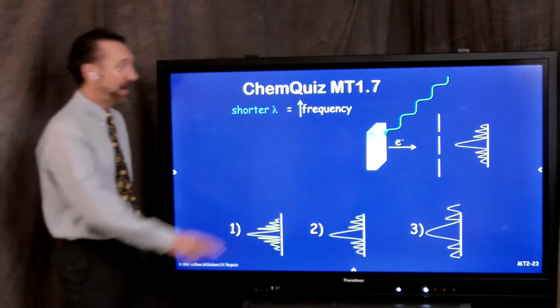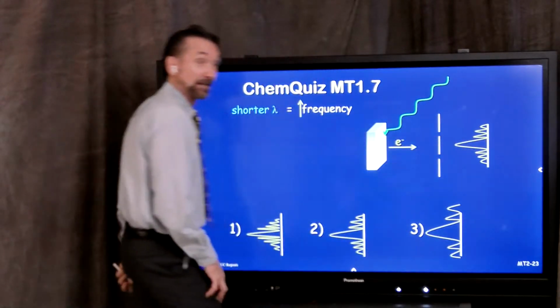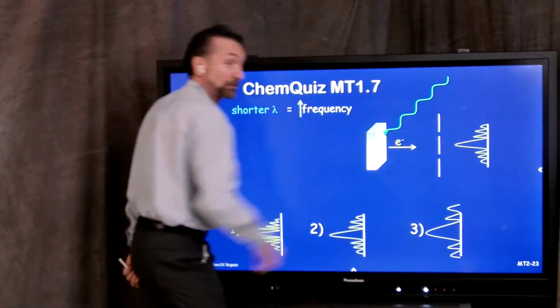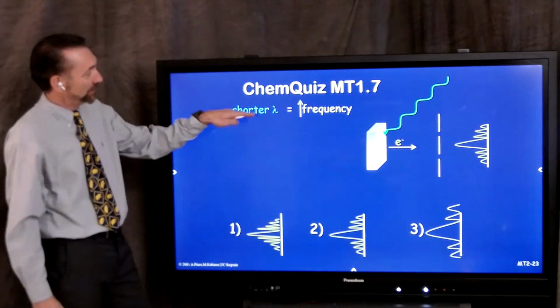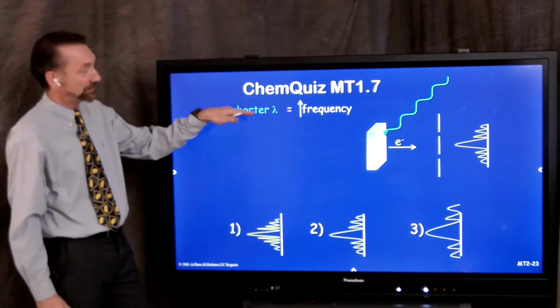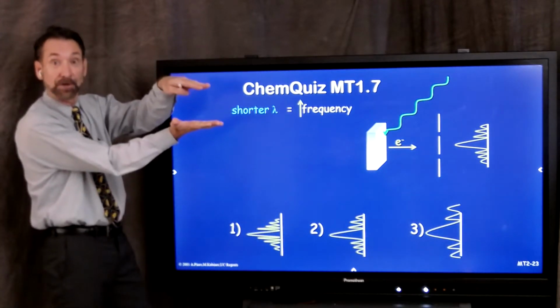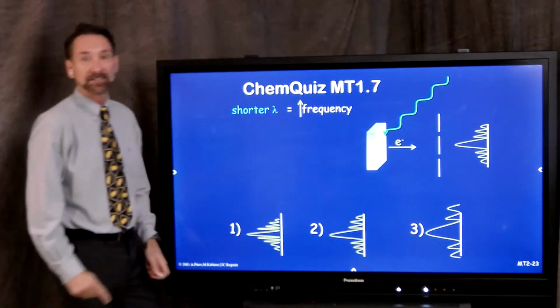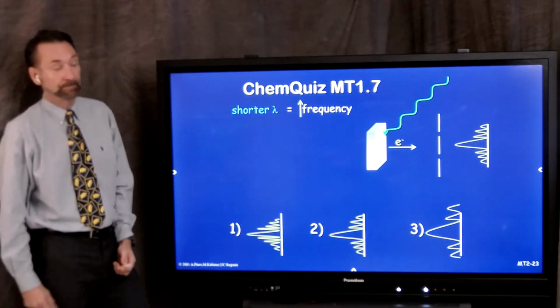That shorter wavelength, but that wavelength is not going through this grating. The laser light's hitting the metal. It's the photoelectrons going through the grating. So actually, if you went to a shorter wavelength just of the light, we've already seen that would compress the pattern. But we're not looking at the change in the light. We're looking at the effect it has on the photoelectrons.